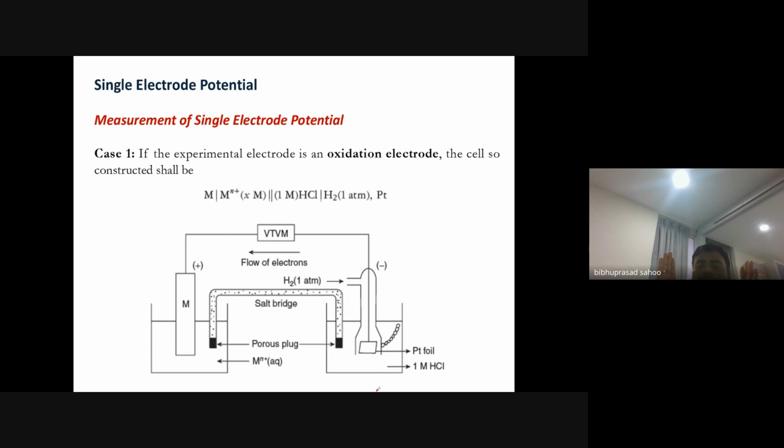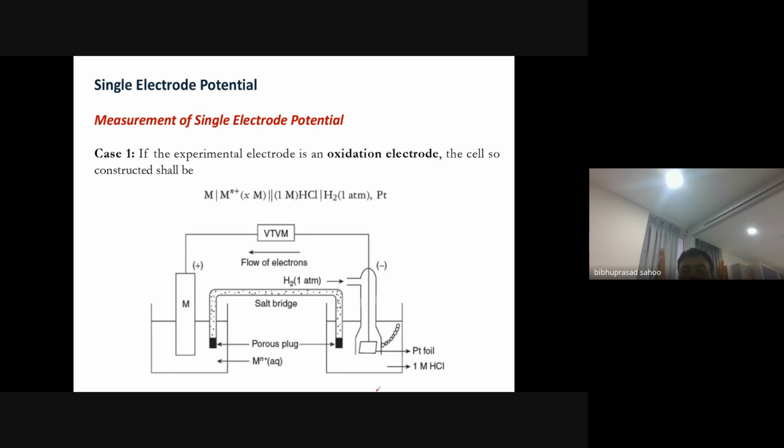Then I see that current is flowing from the standard hydrogen electrode, from right side to left side, the unknown metal. That means my placement is correct, meaning my hydrogen electrode is acting as cathode and my unknown electrode is acting as anode. That means if the unknown electrode is acting as anode, it possesses more oxidation potential than SHE.